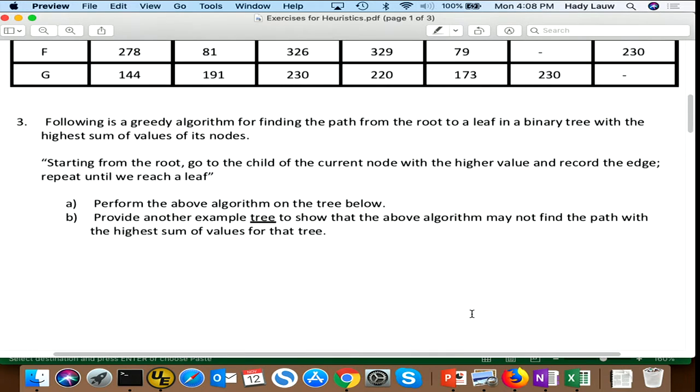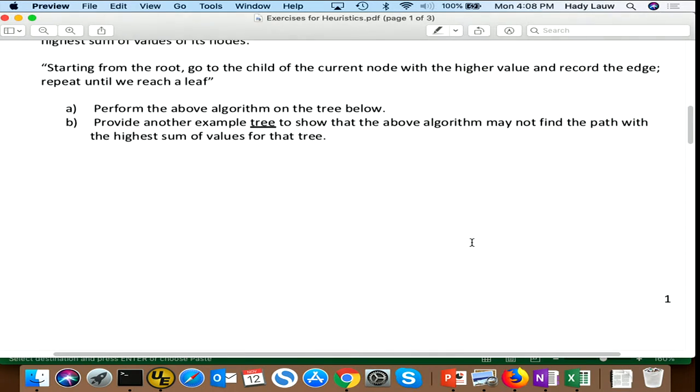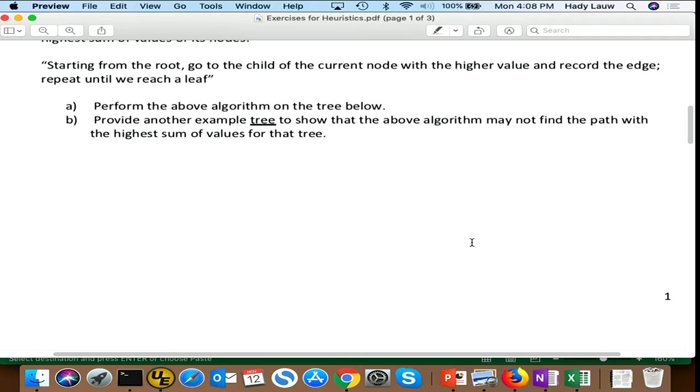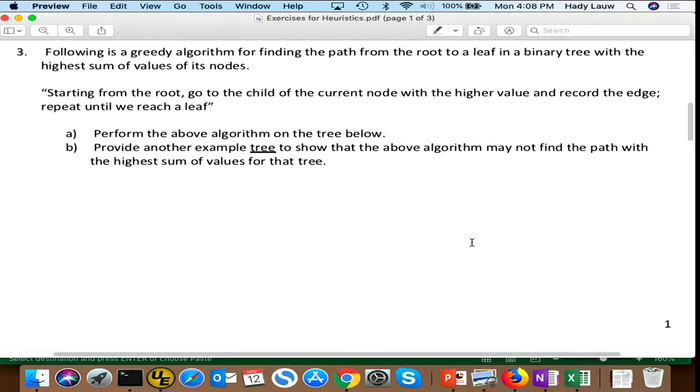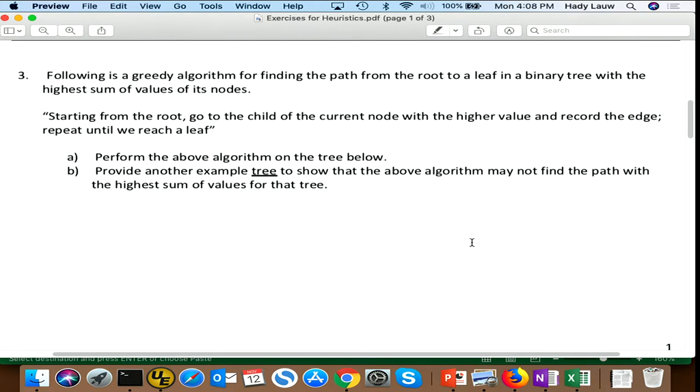It's going to get you to some approximation. Now, to make clear, why is it that sometimes you get to this sense of approximation? So here in question 3, we are looking at applying the greedy algorithm to a tree.